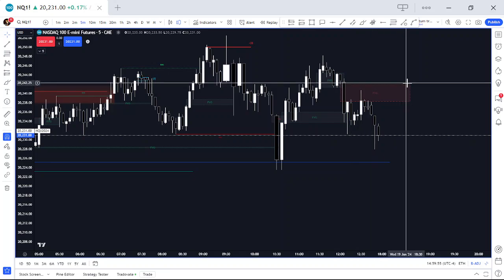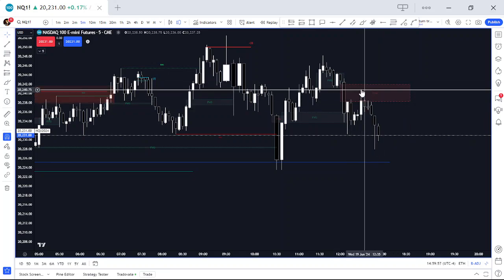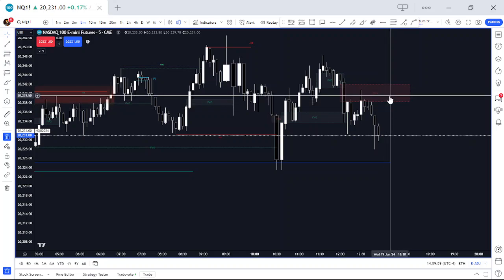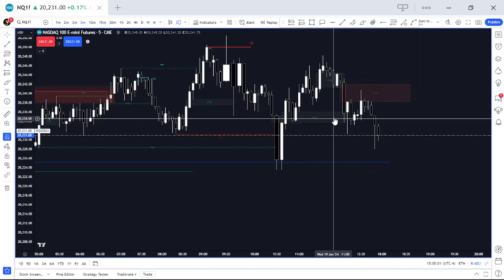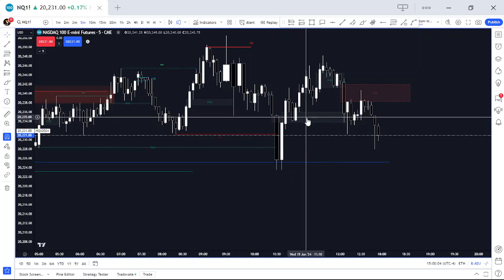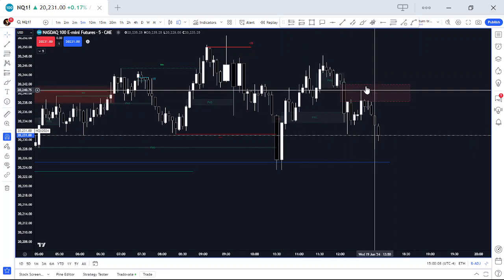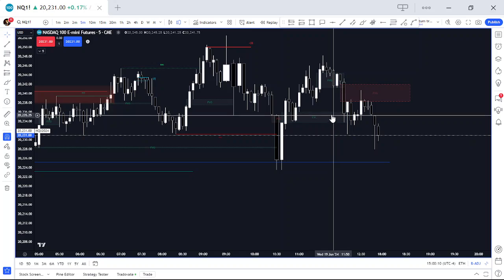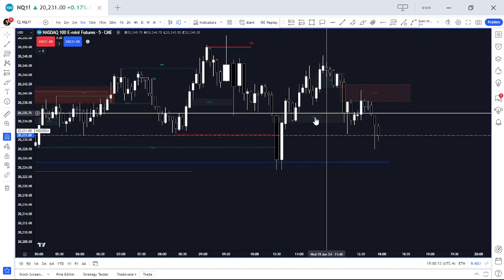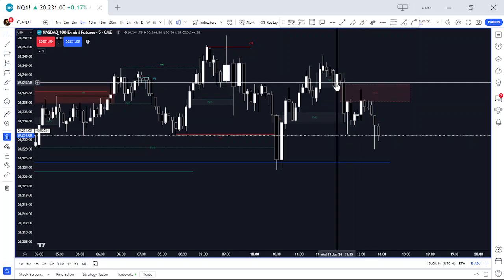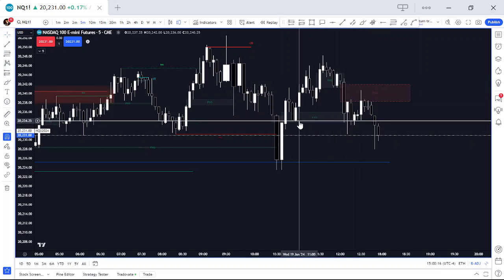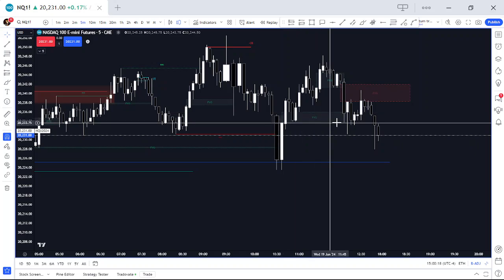If there's a solid line around it, that means the fair value gap has not been touched yet. This was a green, bullish fair value gap. This red one is a bearish fair value gap. This fair value gap is no longer valid. It's been closed through. So it does still show it here.